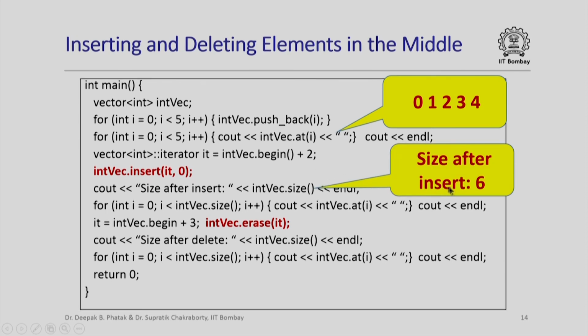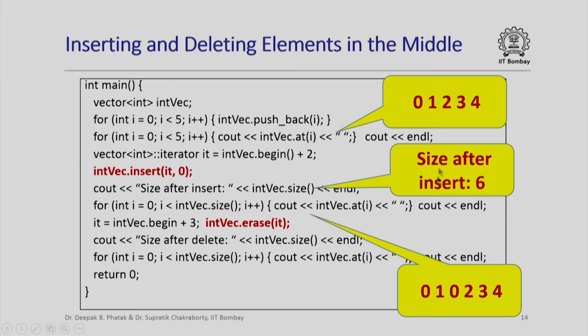It will become 6 now. So the size after insert will become 6, and now if I try to print out the vector, remember I have inserted 0 here, so I will basically get 0, 1, 0, 2, 3, 4. Now after that I can once again find the iterator which is intvec.begin + 3, so that is this position, but now I am actually looking at this vector. Remember intvec at this point is this vector, so intvec.begin + 3, so this is +1, +2, +3.